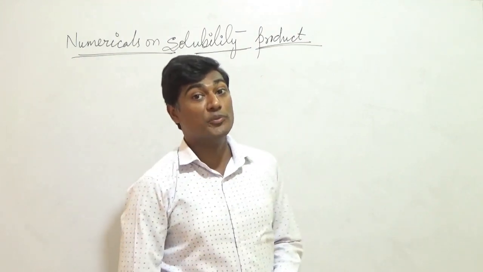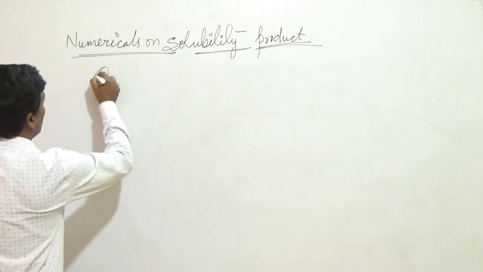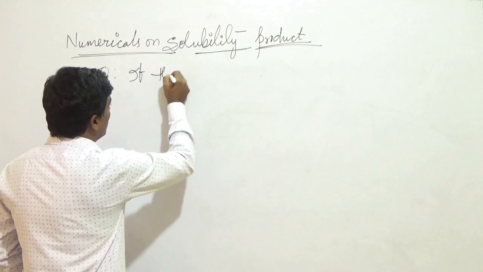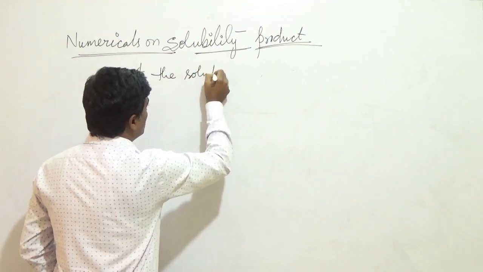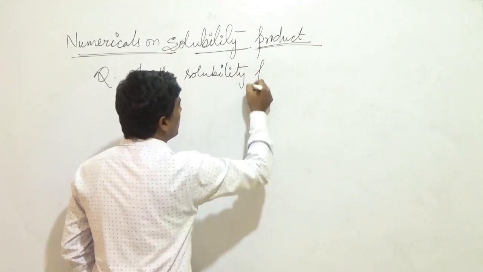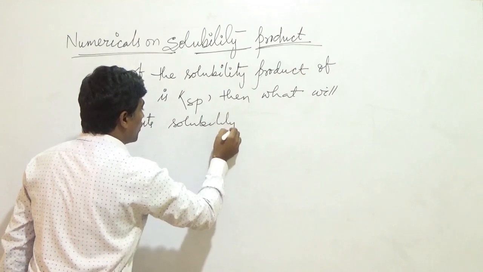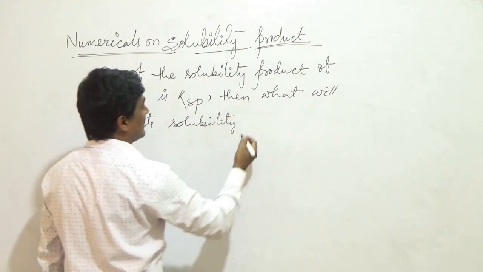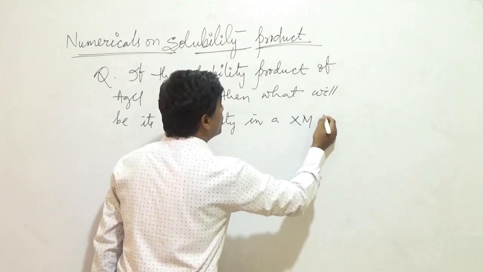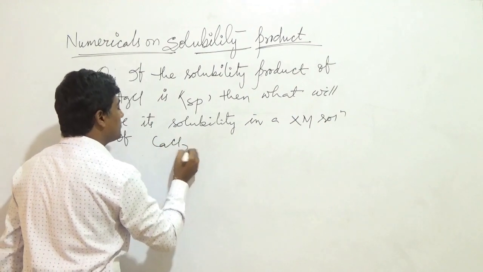Numericals on solubility product. So the question is: if the solubility product of AgCl is given, what will be its solubility in an X molar solution of calcium chloride?